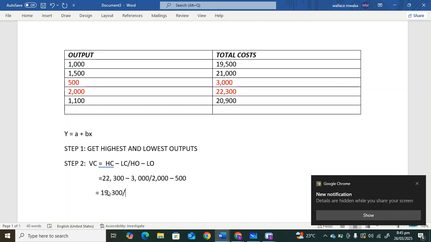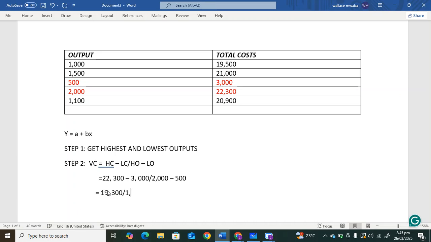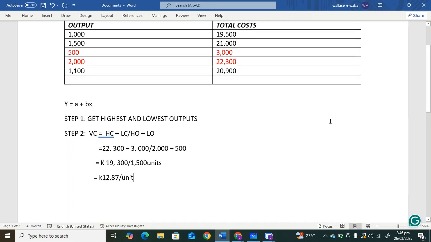Divided by 2,000 minus 500, so 19,300 divided by 1,500. So this is in kwacha. This is 12.87 kwacha per unit. Okay. This is our variable cost.